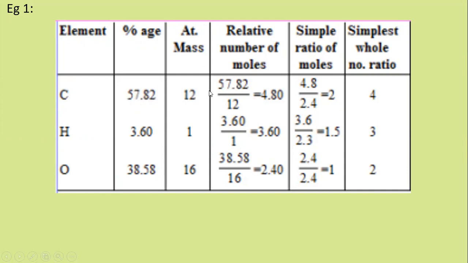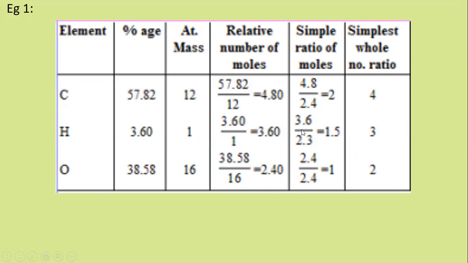See here, 57.82. This is the percentage they gave already, which is divided by the atomic mass, which will give the number of moles. By dividing the percentage with the atomic mass, we get the number of moles, and after getting the number of moles, we have to convert it into a simple ratio by choosing the smallest number.